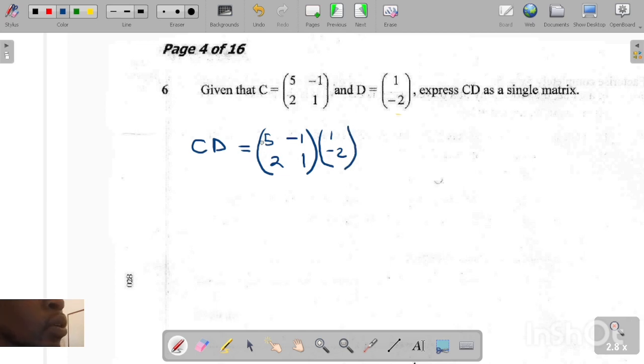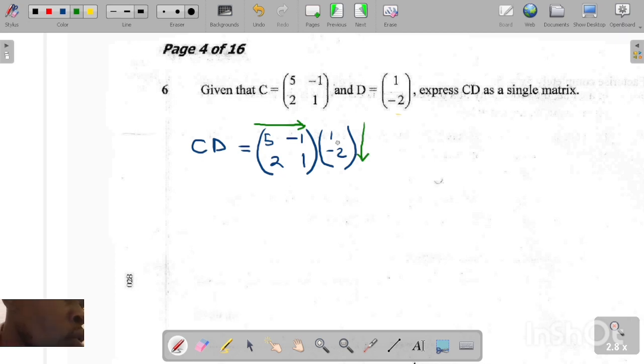When multiplying matrices, the horizontal movement is the row and the vertical movement is the column.